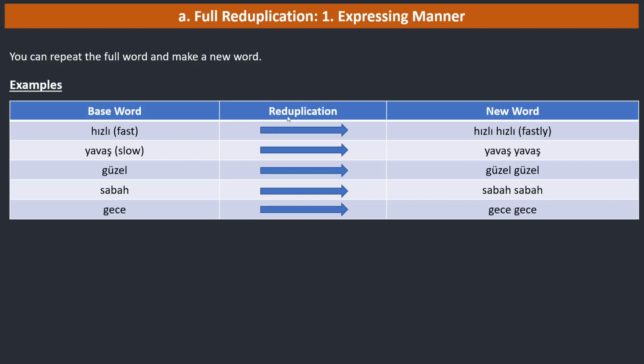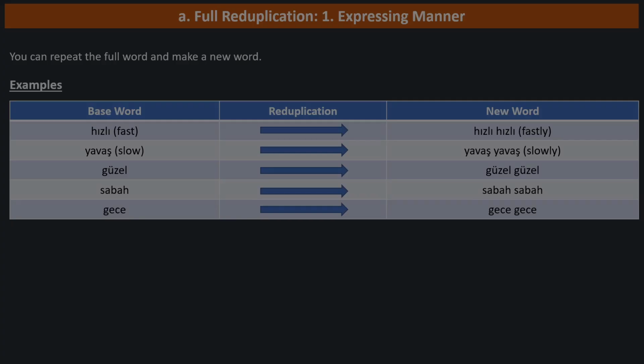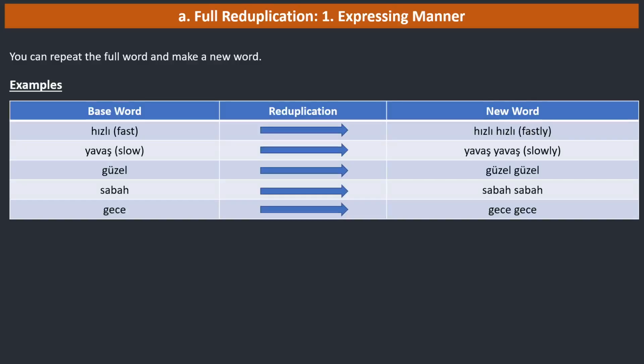Then you reduplicate it and it becomes yavaş yavaş, slowly. Okay? Same principle for the other examples. So, güzel, which you can see as beautiful, but I want to call it nice. So, güzel güzel becomes nicely.